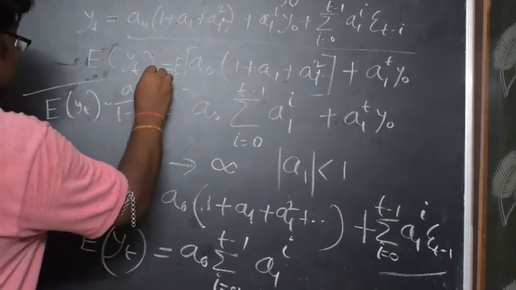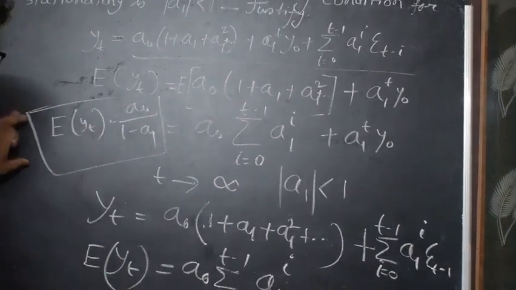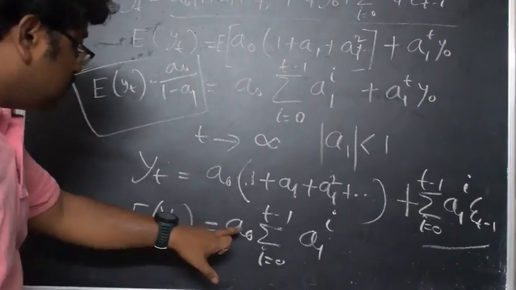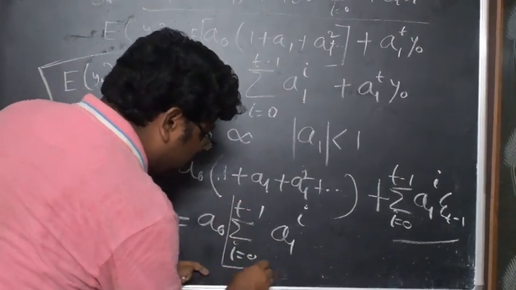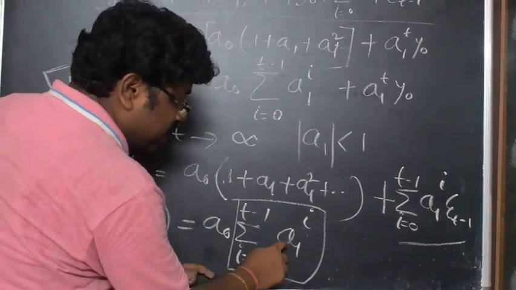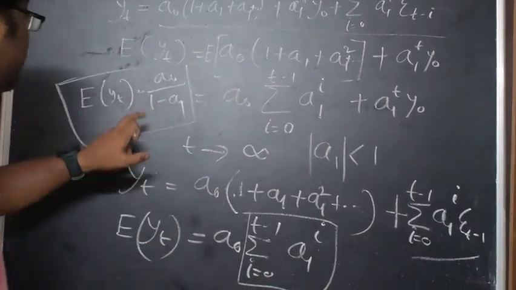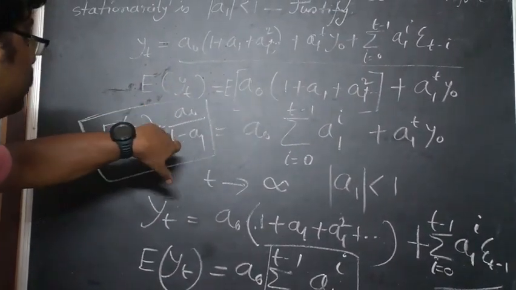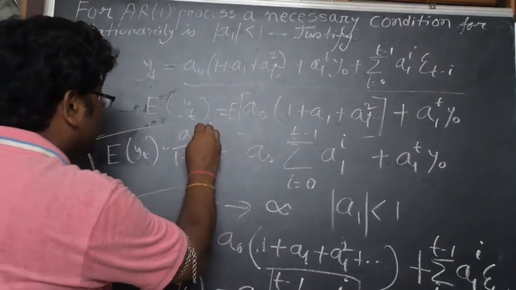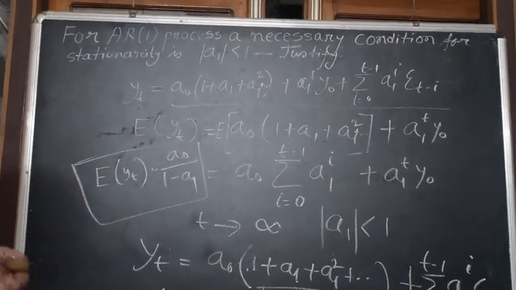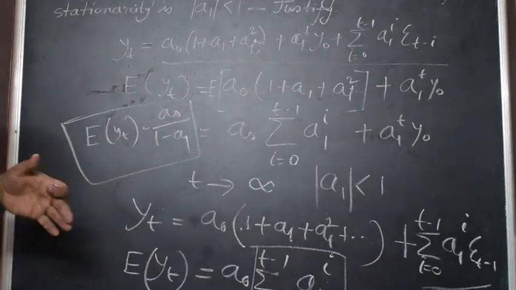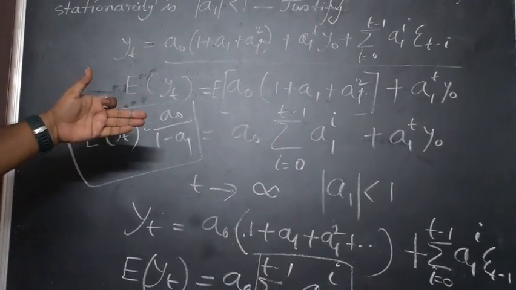This is the expectation of yt, by using the simple mathematical formula when mod a1 is less than 1. Now we put this value in the equation.